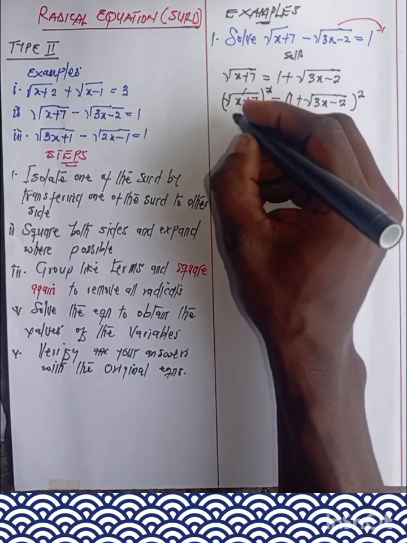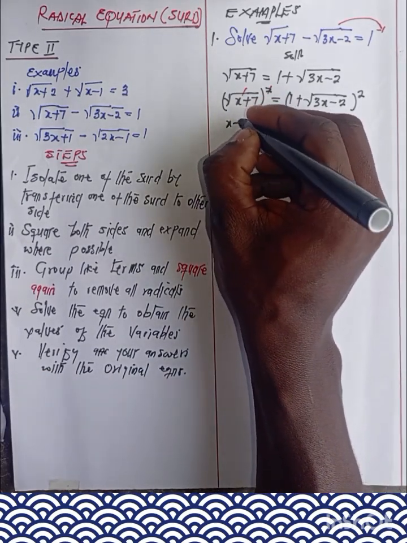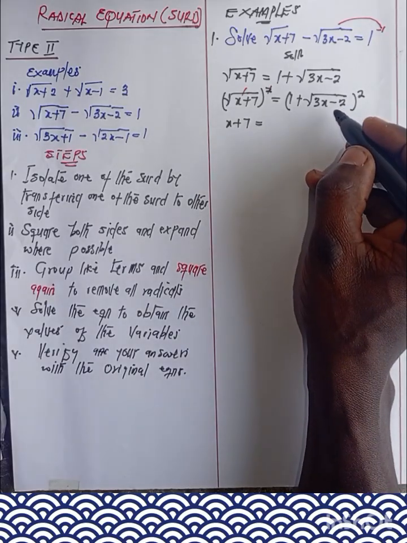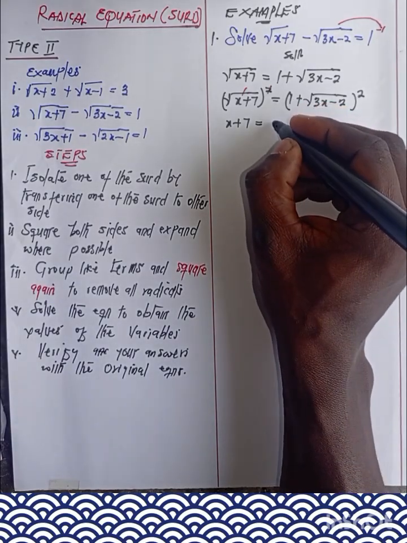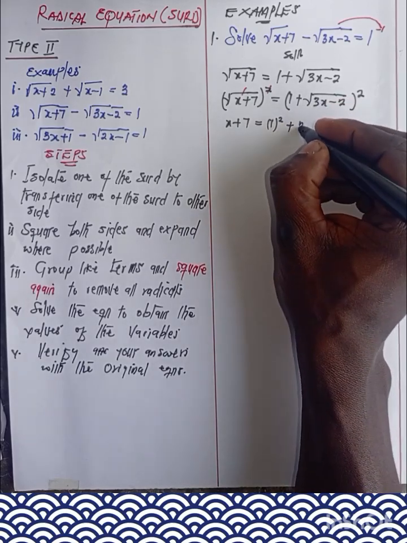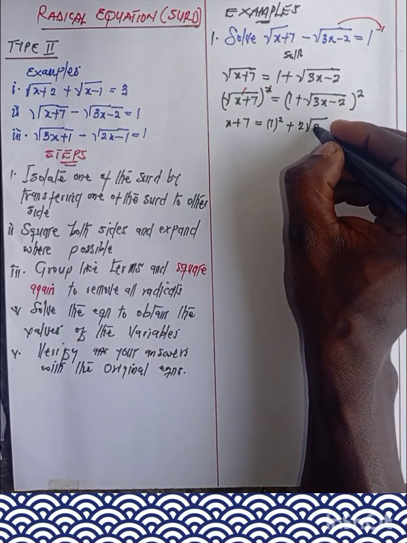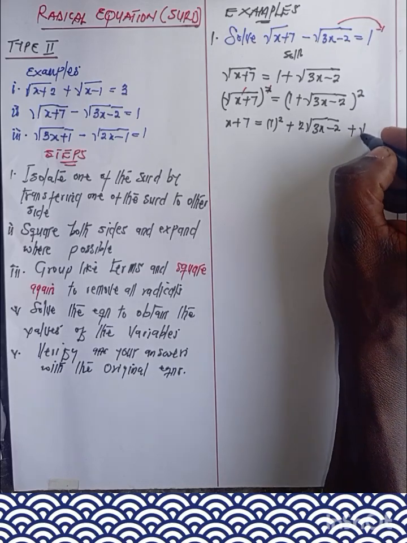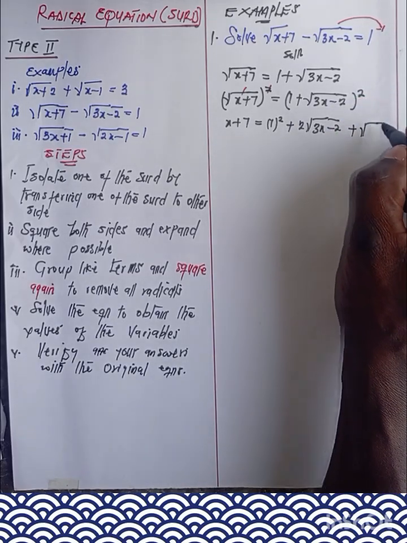So we are having x plus 7 is equal to, now when you expand, you are going to get 1 times 1, we have 1 squared, plus 2 of this, plus the square of this.